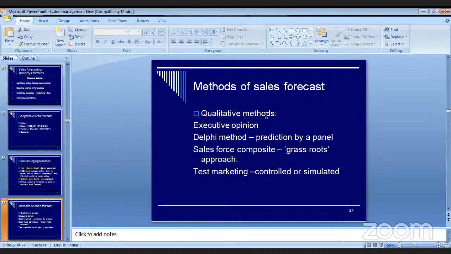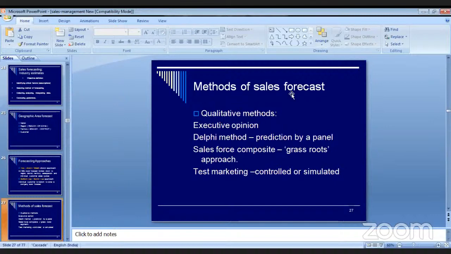In the production concept you are making more and more product and not focusing on quality but on the sales aspect, selling more products. Delphi method is prediction by a panel: a group of people or expert advice is taken, or technical people will guide, and that method is mostly applicable with sales force. Competition, composition, element, technical aspect, technology: you can focus on that basis and divide the product.